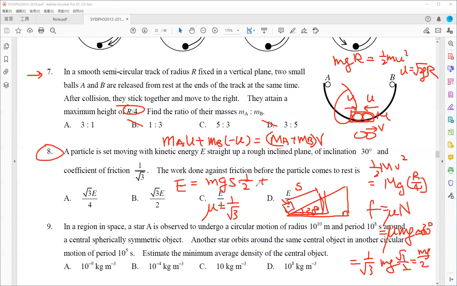And then the work done against friction will be the magnitude of friction, mg over 2, times the distance travelled. So actually, the gain in GPE is the same as the work done against friction. That means half of the KE is lost as work done against friction. So therefore, the answer is D.